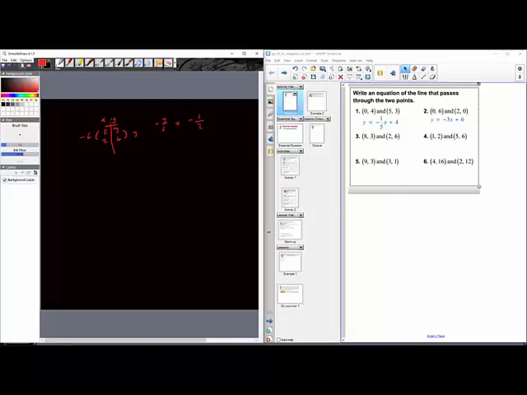And then I have this equation, y minus y1 equals the slope, and then x minus x1. And all that means is I plug in one of the ordered pairs. So let's just plug in this one here. I'm going to have y minus 6 equals -1/2 times x minus 2.